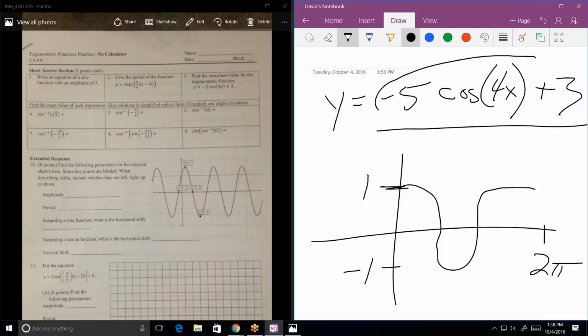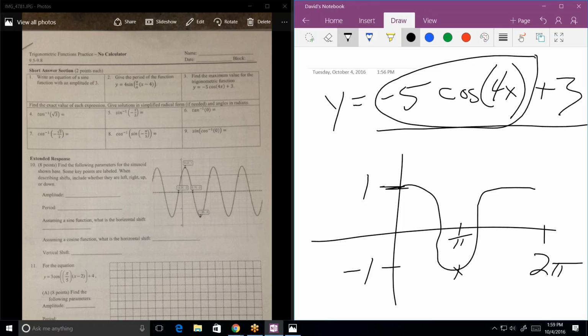What's the maximum value that -5 times the cosine of any angle can be? Maximum value, not minimum, maximum. What if the cosine of 4x was -1, such as at pi?